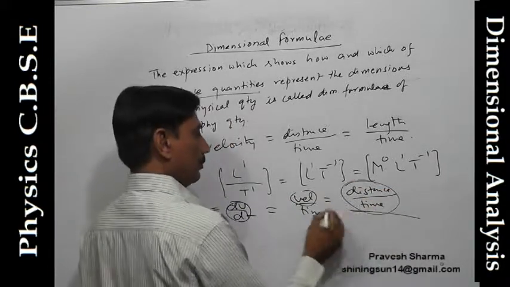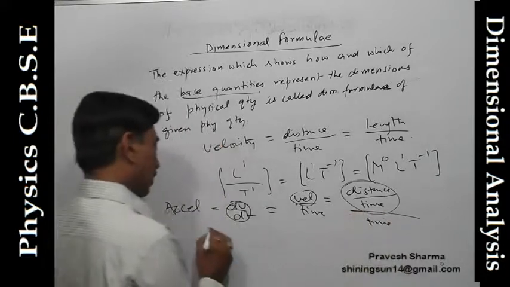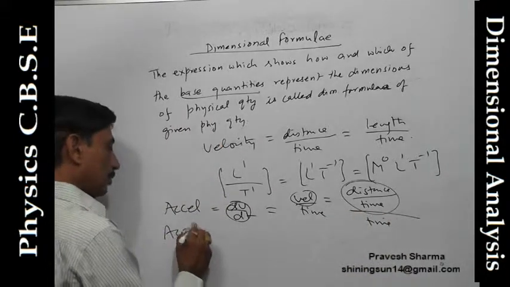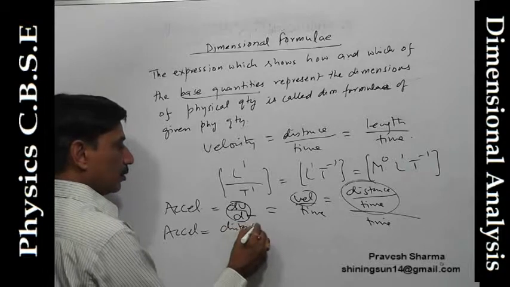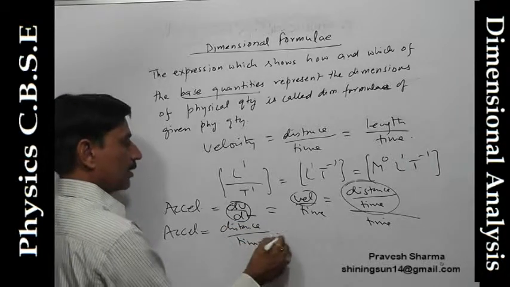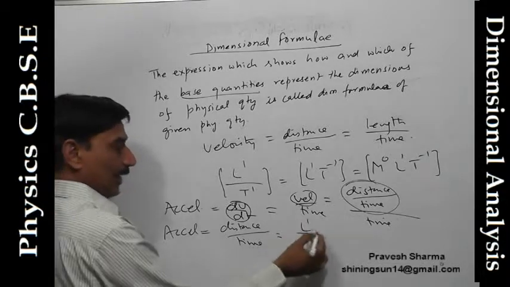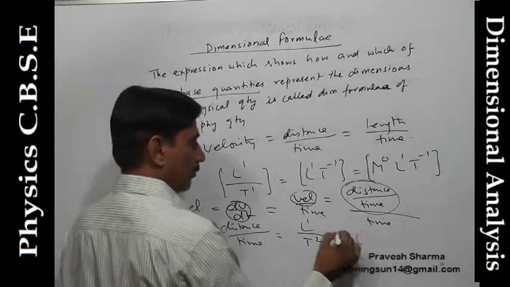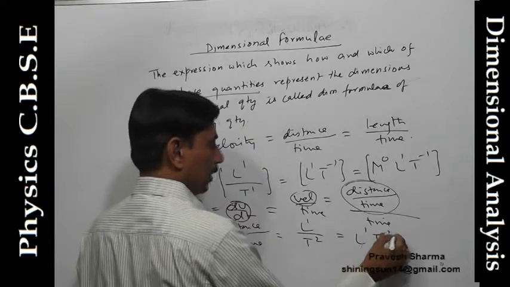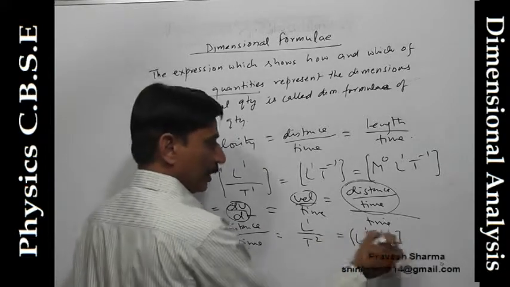So acceleration is distance upon time over time, which comes out to be distance upon time square. Distance is L only. Time is T. So this is L1 upon T2. So this comes out to be L1, this goes up, T minus 2. So this is the dimensional formula.